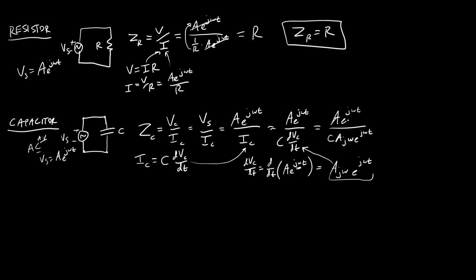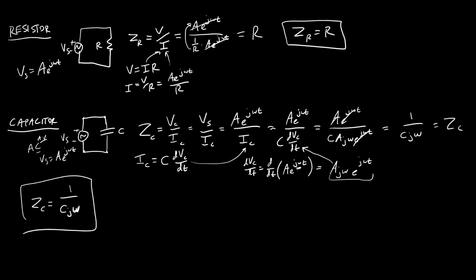The A's are going to cancel, the e^(jωt) terms are going to cancel, and we are going to get 1 over Cjω for the impedance of a capacitor. And notice that now we do have a frequency-dependent term. The omega did not cancel out. So I'm going to rewrite that down here since we ran out of space. The impedance of a capacitor is equal to 1 over Cjω.